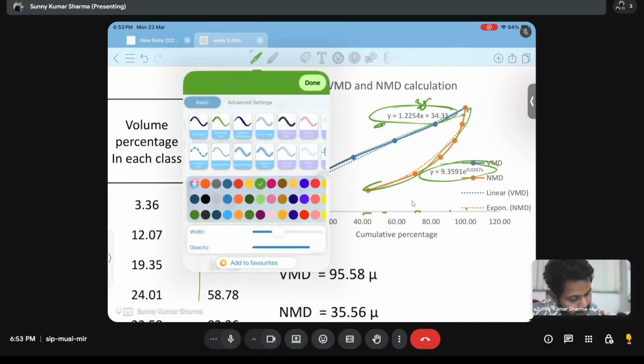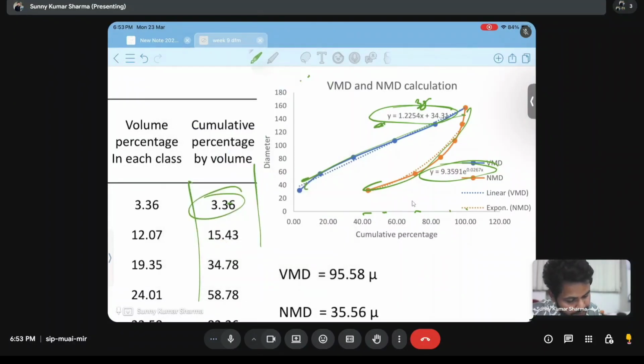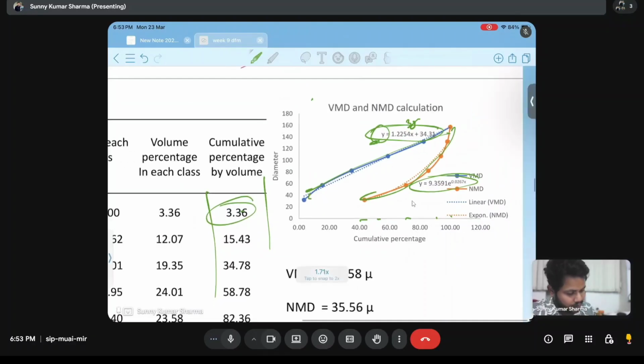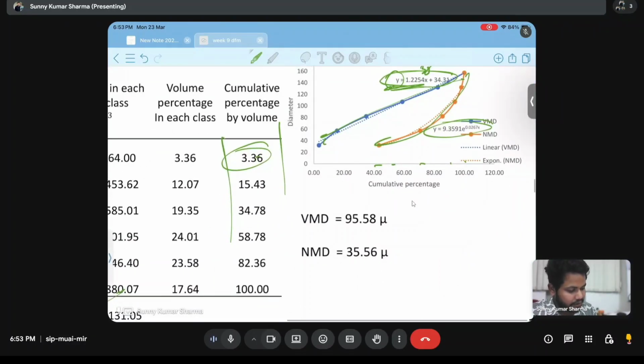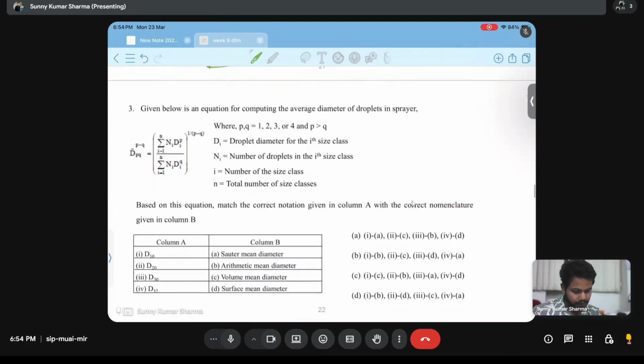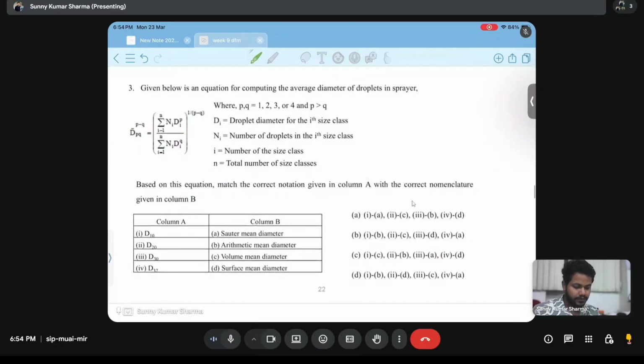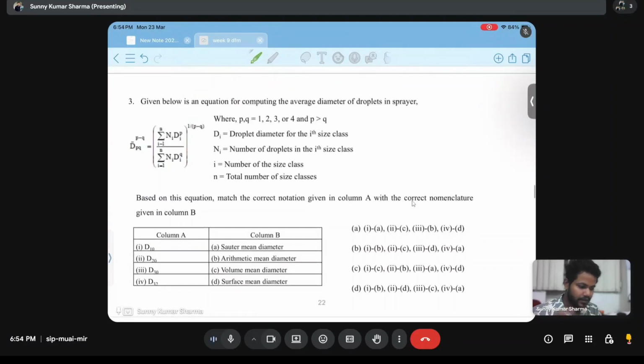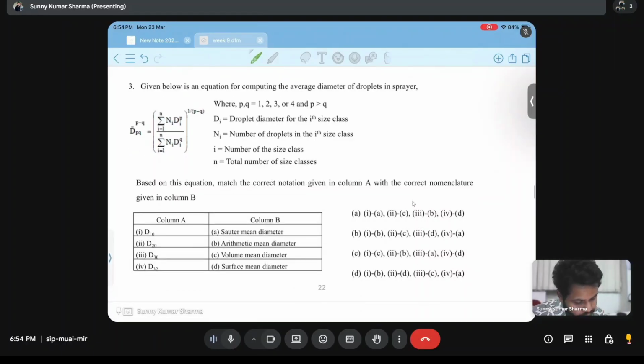You will get the volume median diameter. So you put 50 in this equation, 50 in this equation, you will get VMD and NMD. So this is the VMD and NMD calculation. From there, all your doubts, the next questions you can solve from those two things.